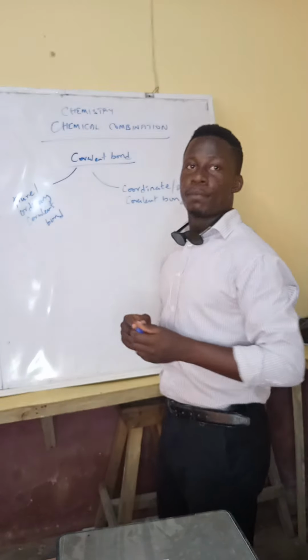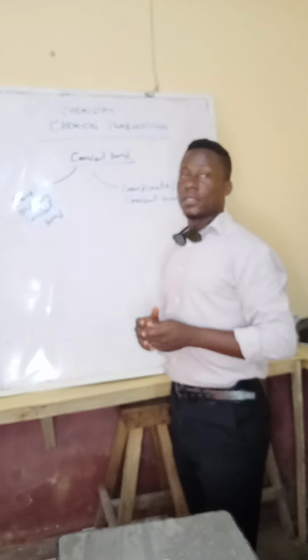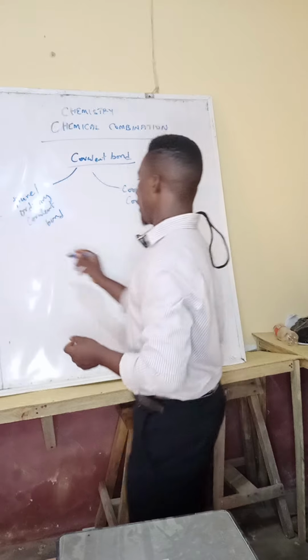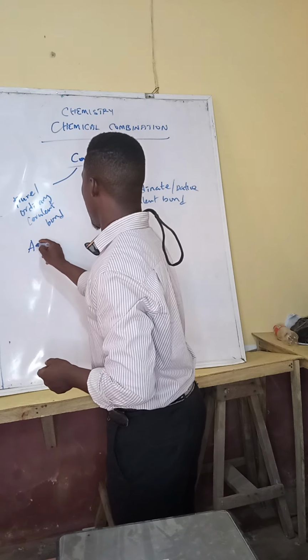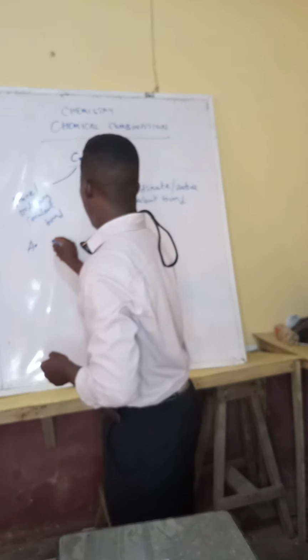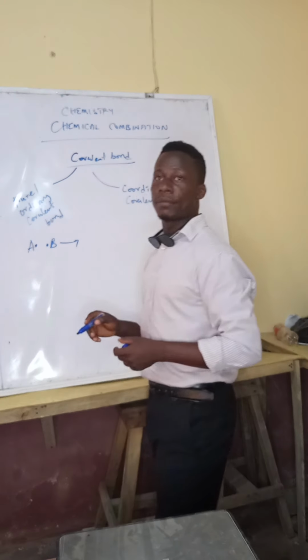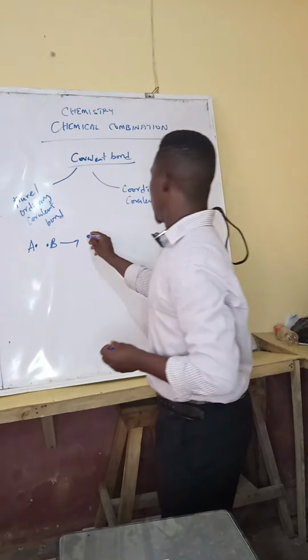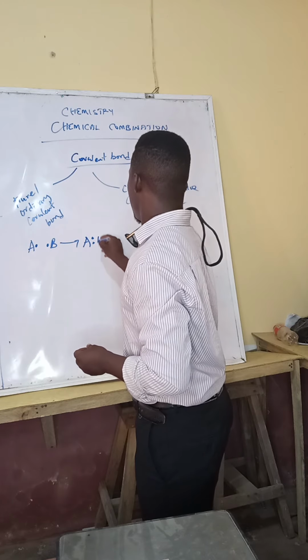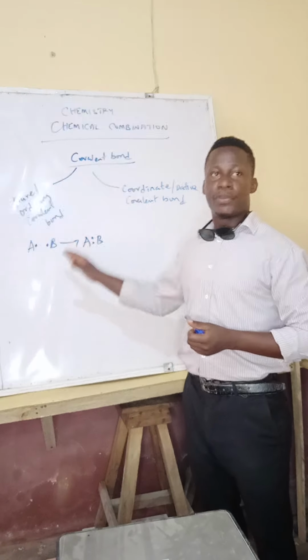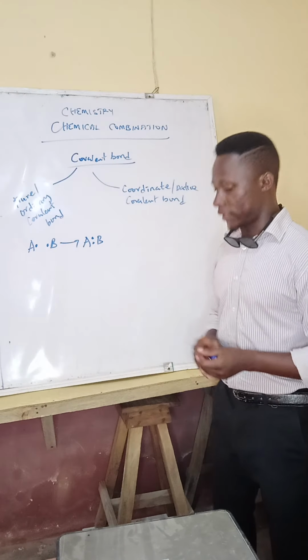We said pure or ordinary covalent bond is formed when there is equal sharing. Let's assume we have atom A having an electron, then atom B also having an electron. When they combine together, they share the electrons, and then you have A, B. Now, this is a typical pure or ordinary covalent bond.